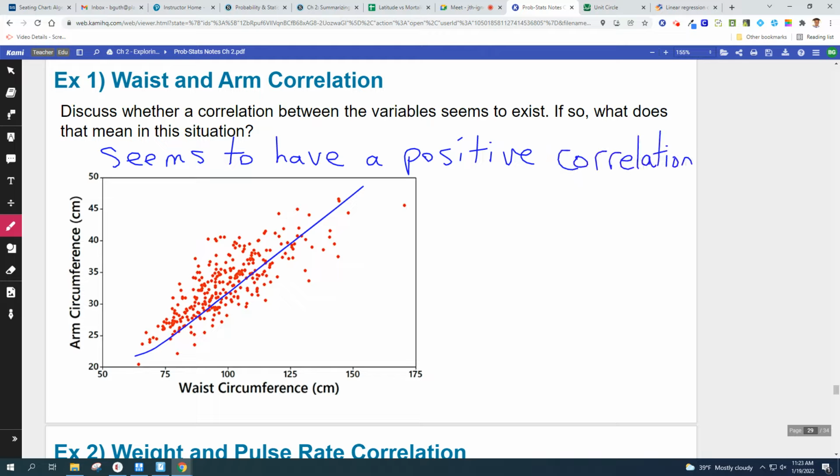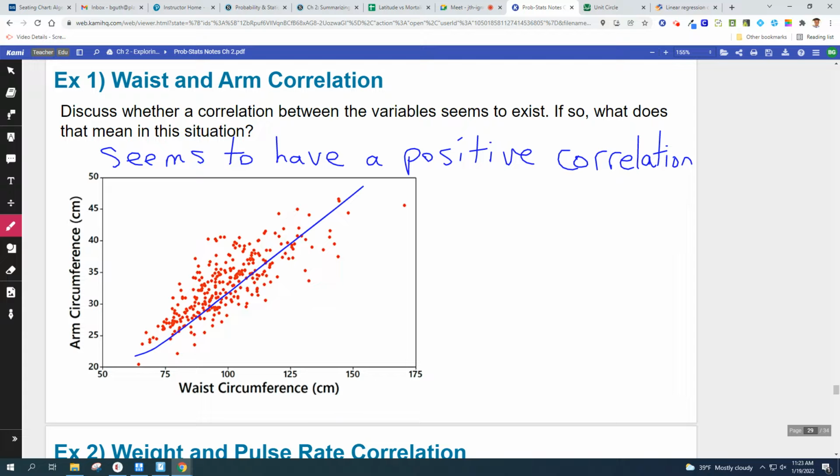Now, why I've accented the word seems is we're going to get into some of the numbers later, and we'll be able to prove if it actually does, but it sure looks like it has a positive correlation right now, and we're talking about slope, essentially.